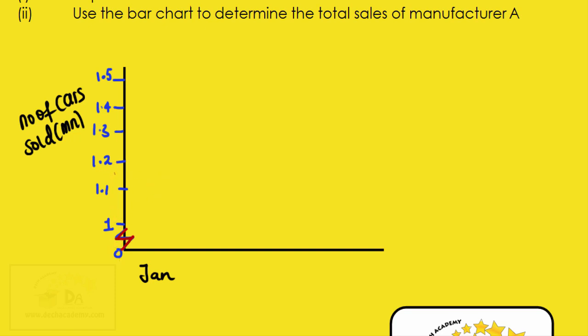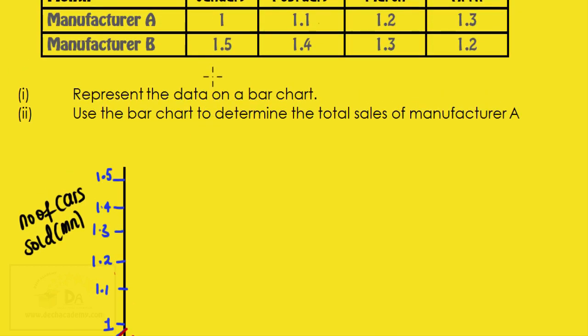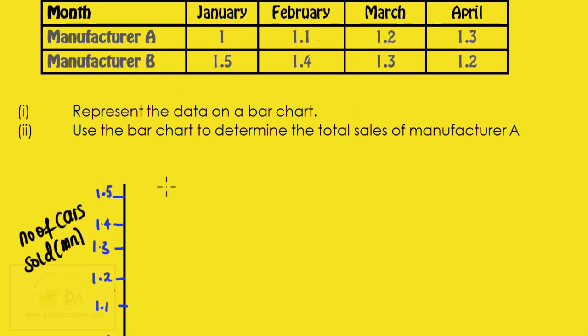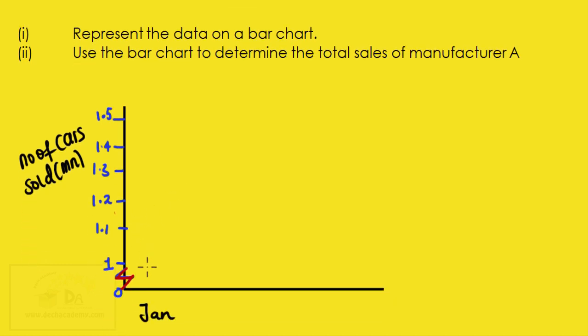So for the month of January, manufacturer A sold 1 million cars. So I'm going to draw a bar for manufacturer A. I'm going to use blue, well, let's use red. I'm going to use red bars for manufacturer A. I have a key here.